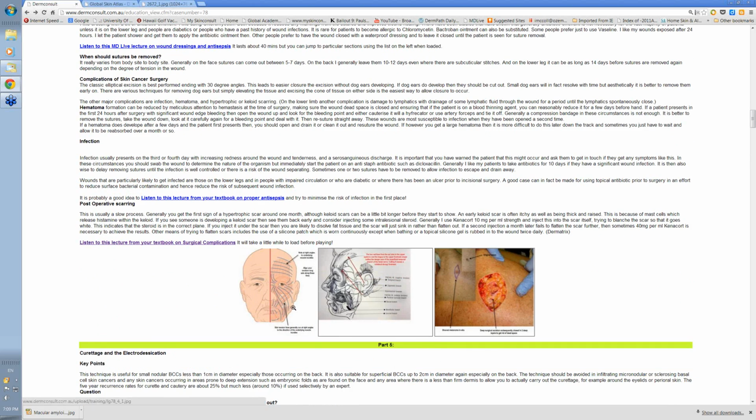Skin tension lines are the most important factor in skin excisional surgery. It's primarily on the face that you have to be well aware of skin tension lines. I think my own view is that on the trunk, it's the shape of the lesion that's more important rather than the skin tension lines in deciding the direction in which your ellipse is going to go.